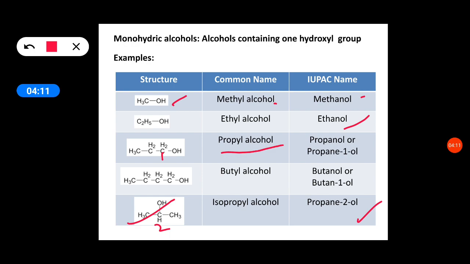CH3, CH2, CH2, CH2OH, four carbons, butyl group, butyl alcohol, and it is butanol or butane 1-ol. If the number is not added, then it is understood that the OH group is present on first carbon.